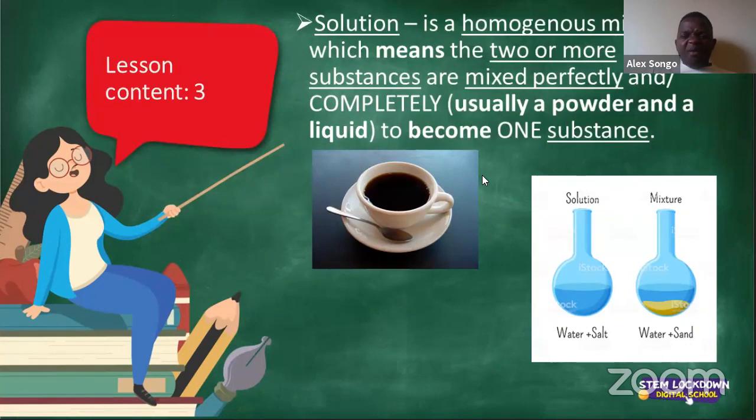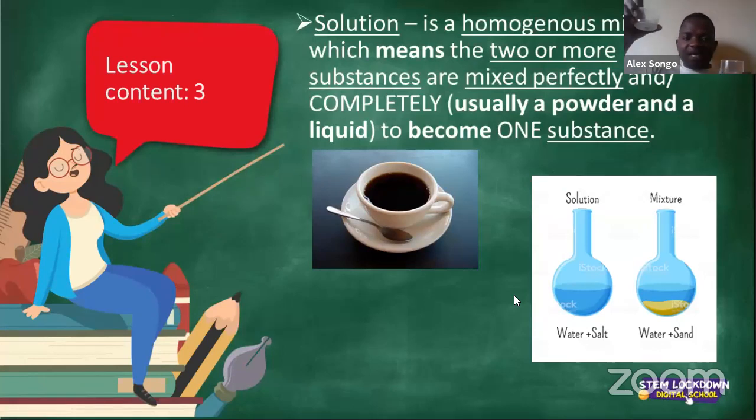All right, let me revise the homogeneous mixture, for Jean-Pierre, because he needs a bit of explanation there. A homogeneous mixture is a mixture in which two or more substances have completely combined and dissolved into the solvent to a point where we cannot see them and they become one thing.